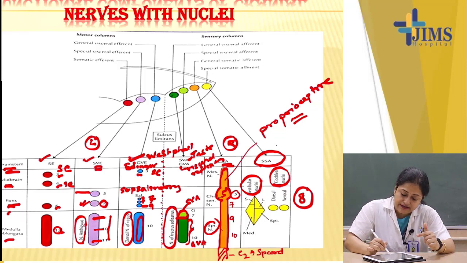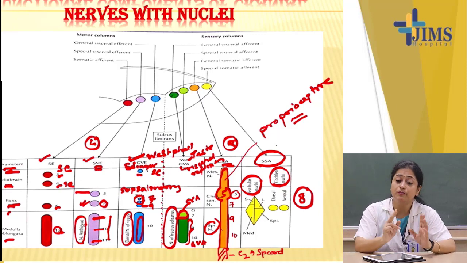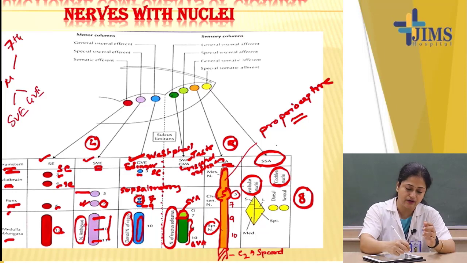We said the superior salivatory nucleus and the lacrimatory nucleus, which are again located in the lower part of pons, which are connected with two ganglia. One is the submandibular, another is the pterygopalatine ganglion. So these are the two motor components. So the 7th nerve or the facial nerve will have two motor components, one is SVE, another is GVE, and we know the nuclei also.